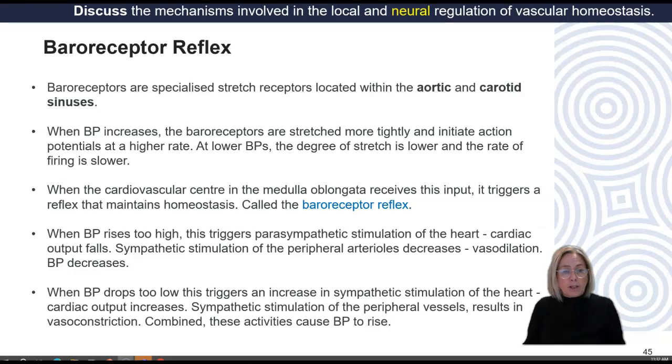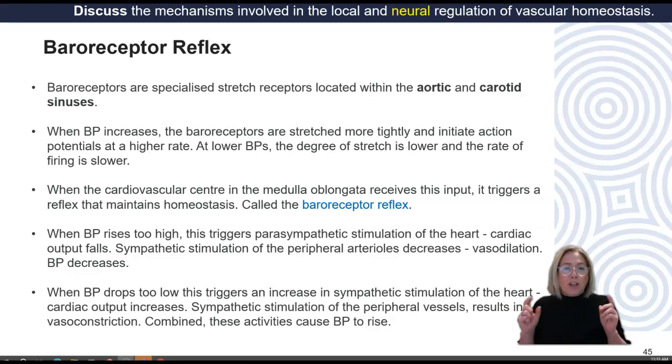At lower blood pressures, the degree of stretch is lower, right? That makes sense. Lower blood pressure, lower degree of stretch, and the rate of firing of these action potentials is slower. Now, the cardiovascular center in the medulla receives this input and triggers a reflex that maintains homeostasis. Of course, this is called the baroreceptor reflex.